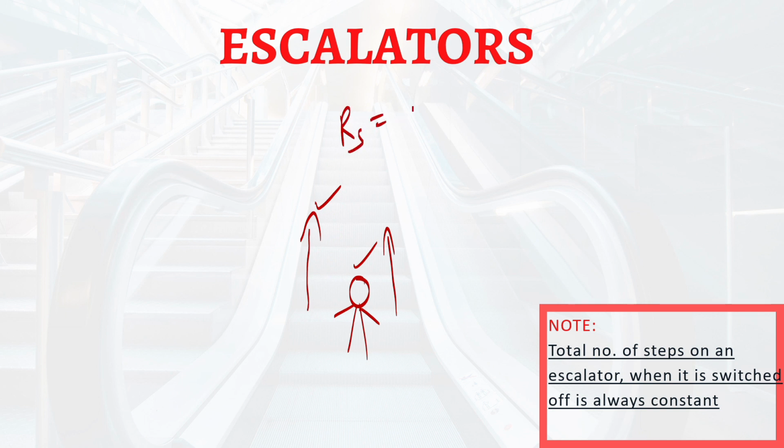Relative speed is the speed of the escalator plus your speed, right? Why are we adding the speeds? Because when you are on the escalator and moving in the same direction, the escalator is adding some speed to you. It is helping you in reaching your destination, right? So that's the reason why we are summing up both the values.